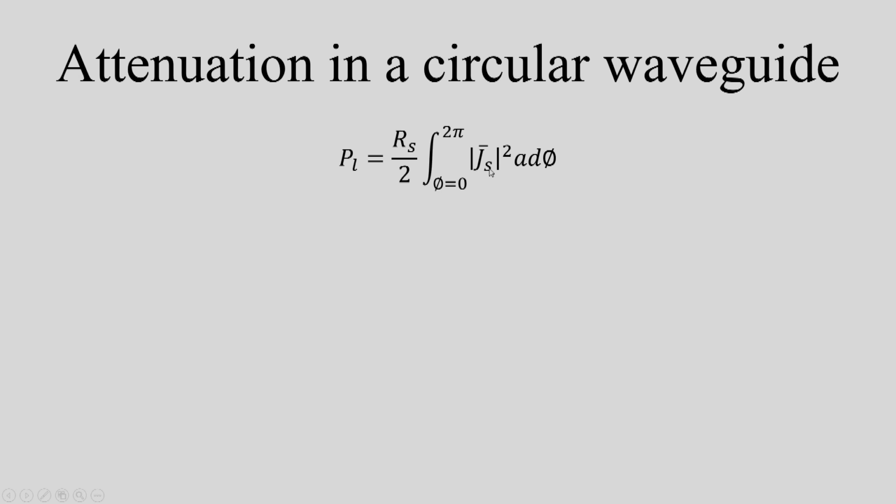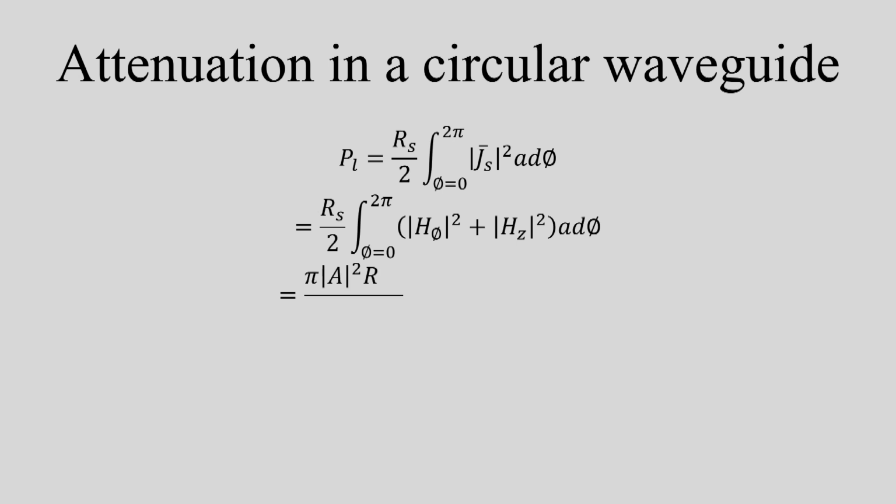So, mod J s square a d phi, and this can be found in terms of H phi and H z square. And once we substitute H phi and H z, we get this expression for the power loss per unit length of the circular waveguide.